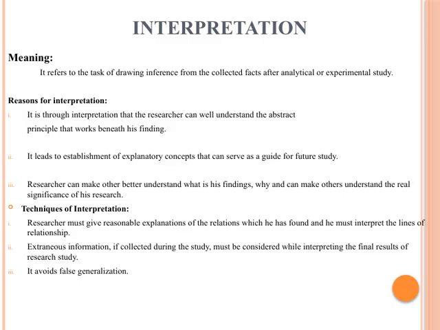And if we've collected extra information during our study, things that aren't directly part of our main data, we should consider that too. It can influence how we interpret the results. Finally, good interpretation helps us avoid false generalizations. It ensures that our conclusions are well-founded and truly reflect the data we've collected.